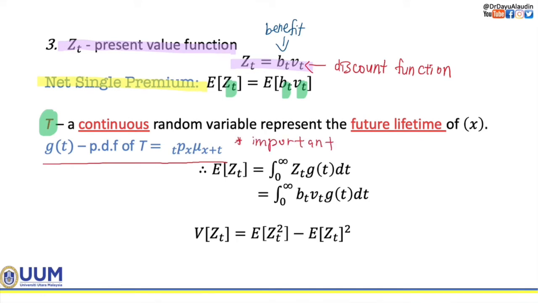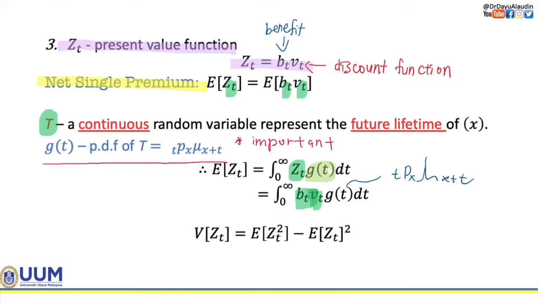To find the expected value of the present value function, we need to integrate ZT times the PDF, or gT. There are two components that we have to integrate. So ZT is BT times VT, and gT is tPx mu x plus t.